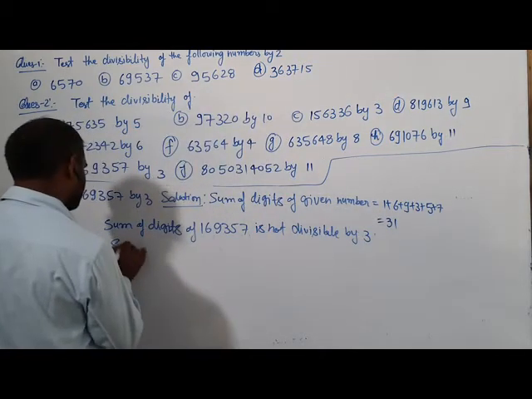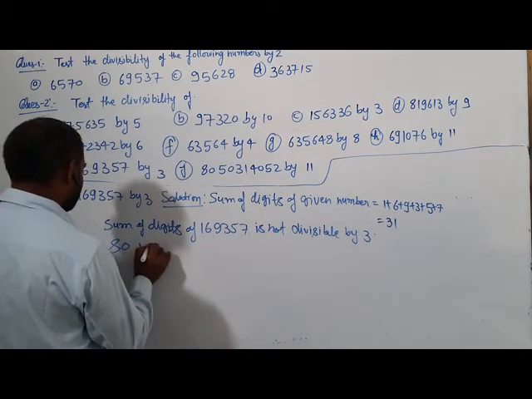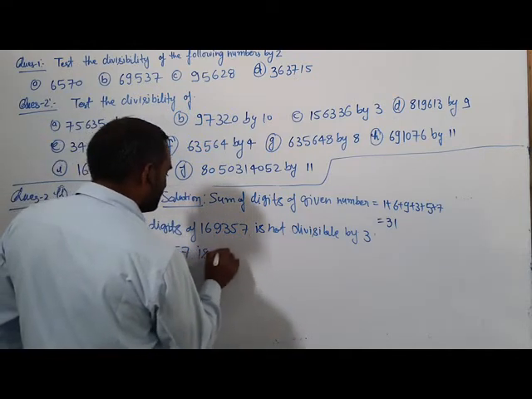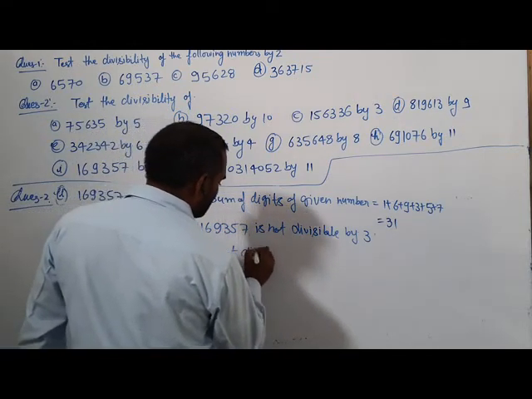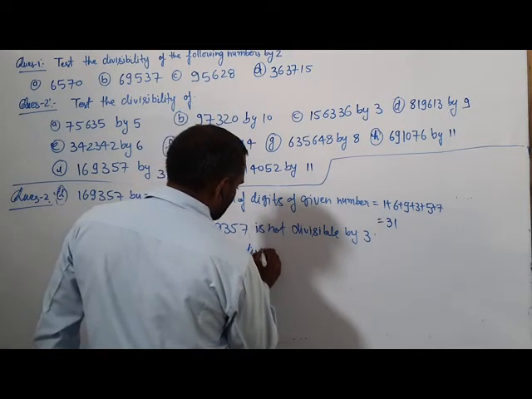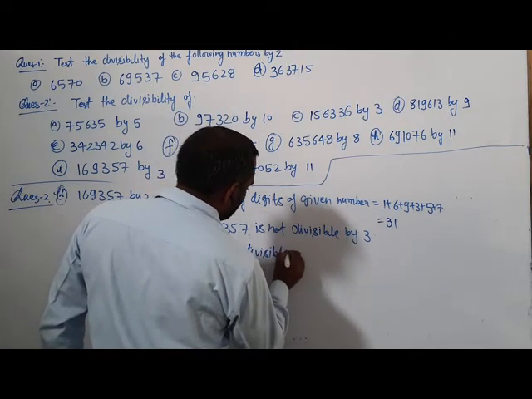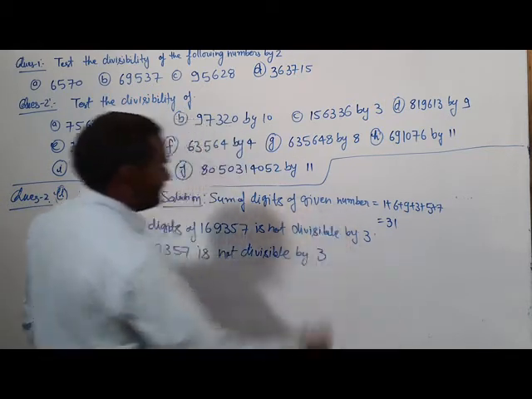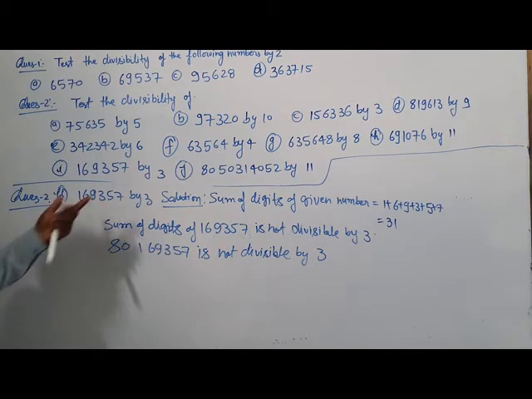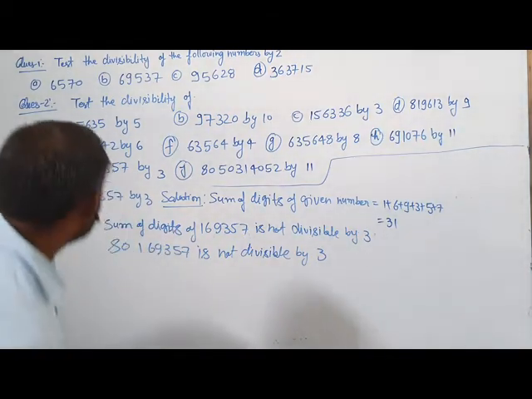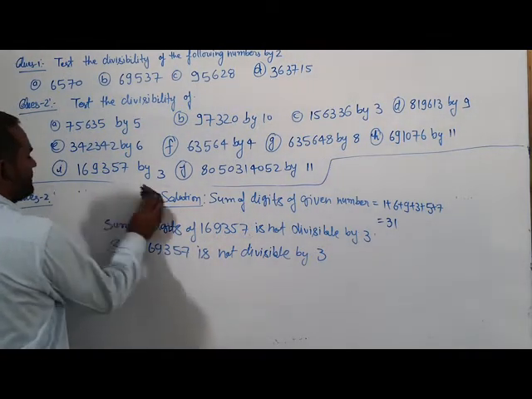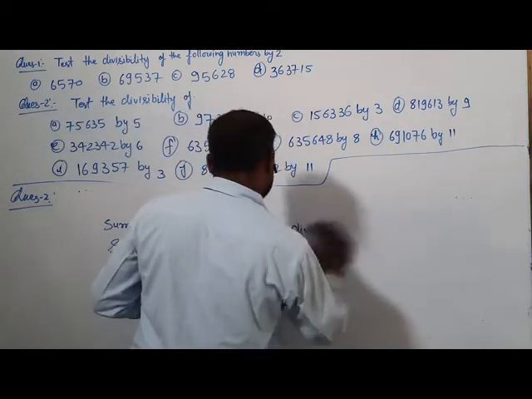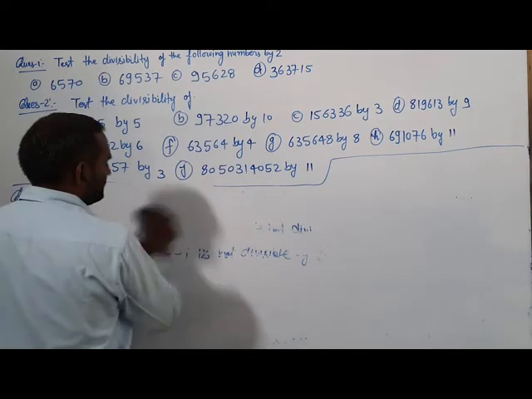So 169357 is not divisible by 3. In this way, this number is not divisible by 3 because the sum of digits of this number is not divisible by 3. So let's solve the next option, that is J.